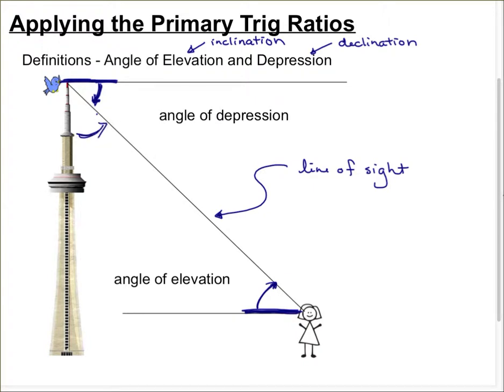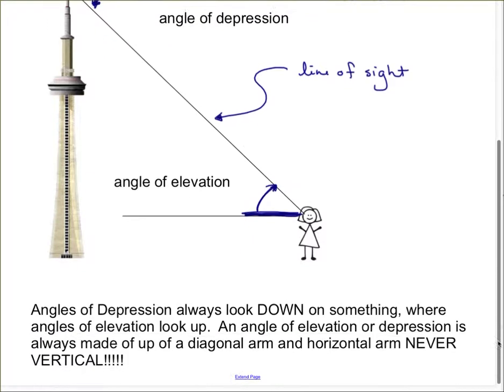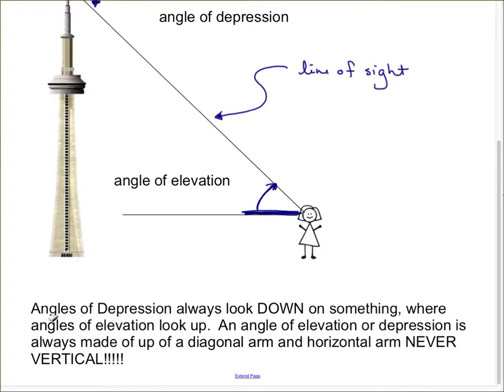Okay? So keep that in mind. That's one of the biggest mistakes that we see. And that's what it says down here. Angles of depression always look down on something, where angles of elevation look up. An angle of elevation or depression is always made up of a diagonal arm and a horizontal arm, never vertical.